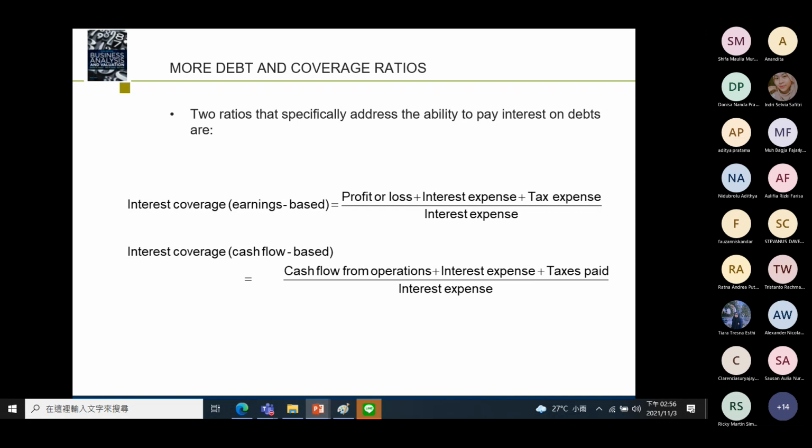One can also calculate debt coverage ratios, which measure a firm's ability to meet fixed financial obligations, such as interest payments, lease payments, and debt repayments, by appropriately redefining the numerator and the denominator in the above ratio.